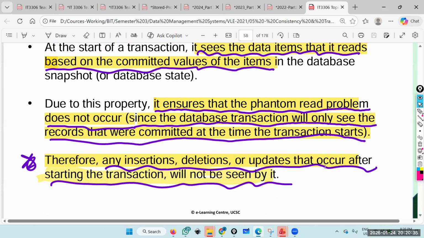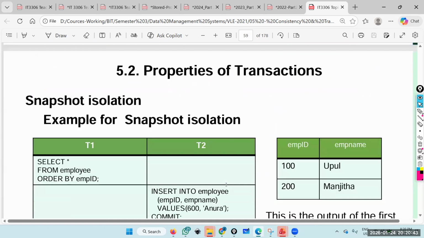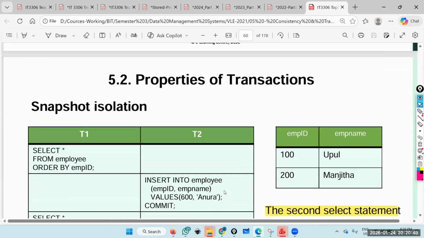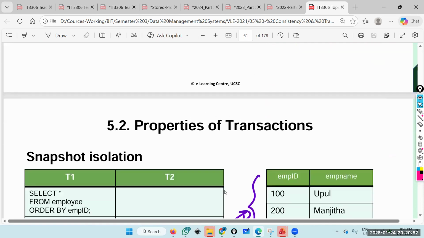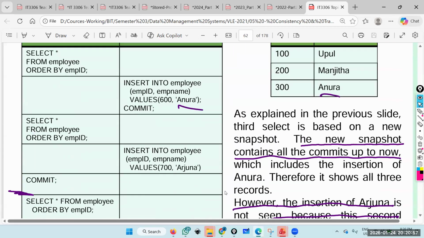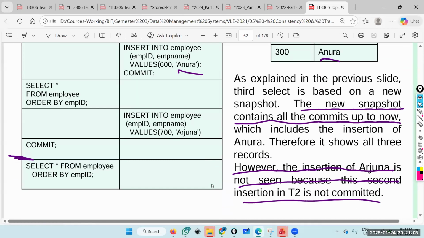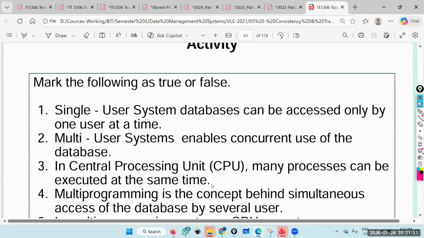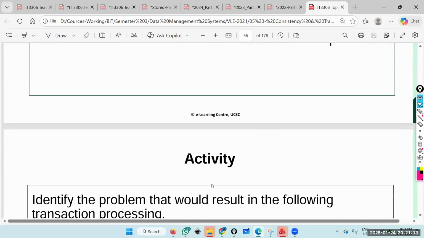Therefore, any insertion, deletion, or update that occurs after the start of the transaction will not be seen by it. So it sees a very consistent view, because it doesn't consider uncommitted values. Right. Durability, the final ACID property.